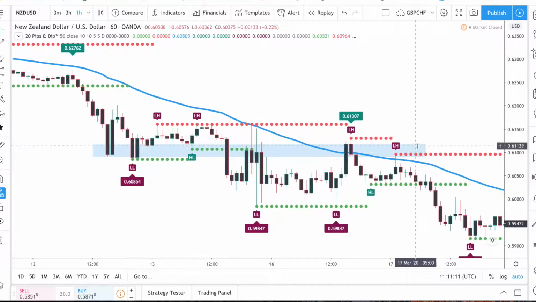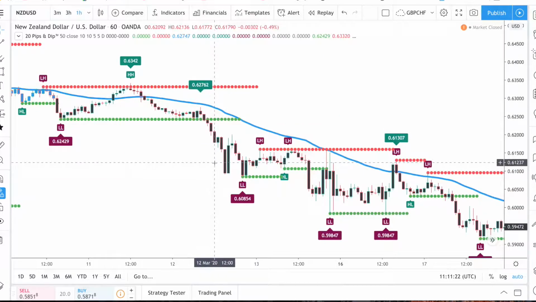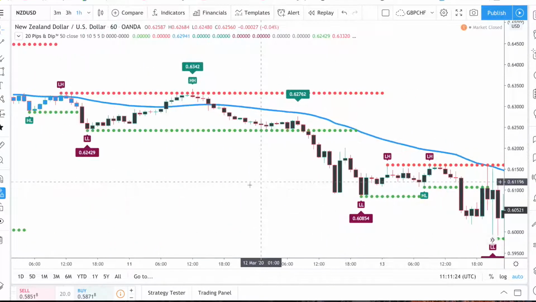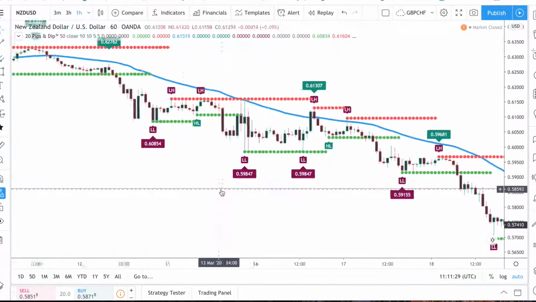Now, one thing I want you guys to notice with this indicator right here, it's not only going to help you identify some support, some resistance, and how the market is, but also the structure of price. This indicator is very important because it identifies the structure of price. Let me break that down for you.